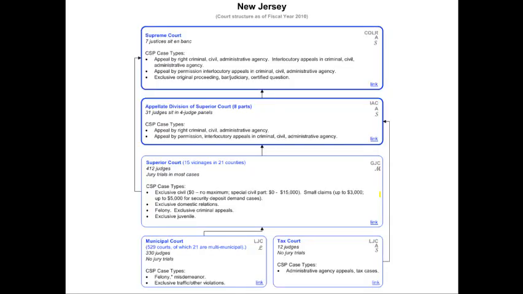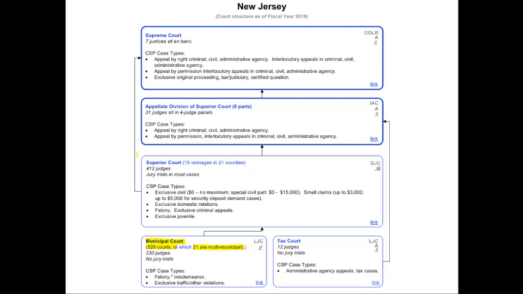Here's the state court system of New Jersey. Down here you've got municipal courts, and there are 529 of those courts, and we know that there are 21 counties in New Jersey, so 21 of these are multi-municipal, which are probably county level. We also have some tax courts.